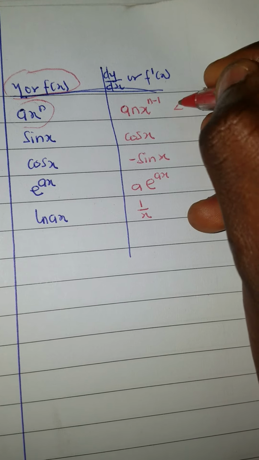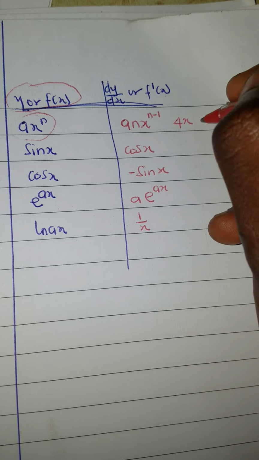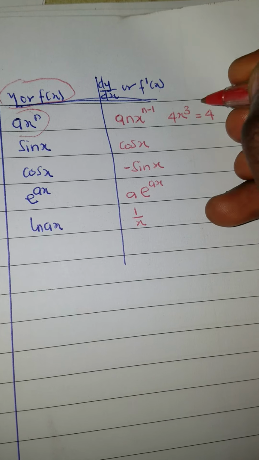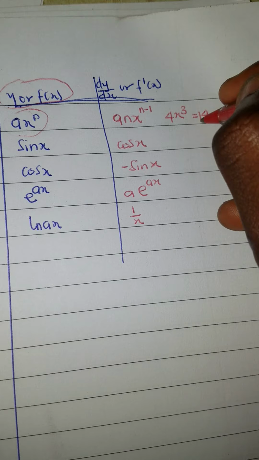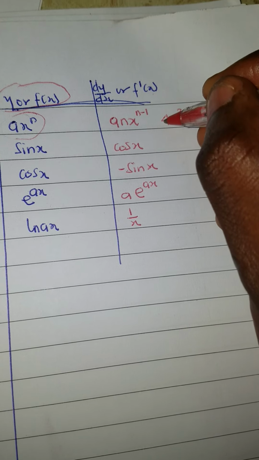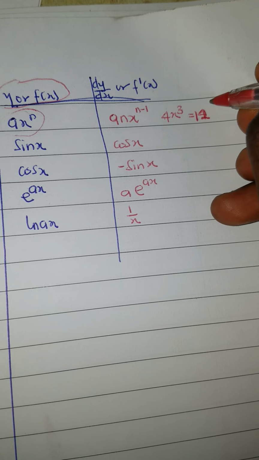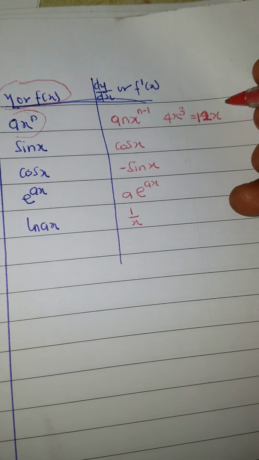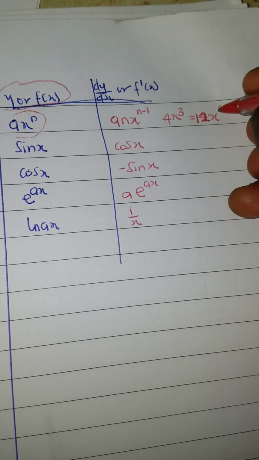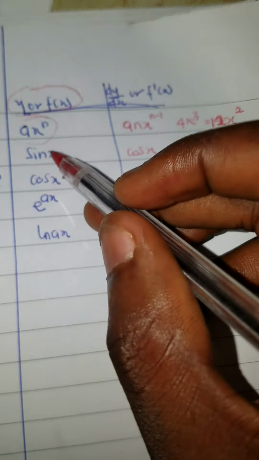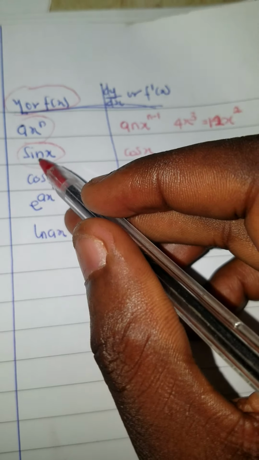For example, if you have 4x and you differentiate it, you are going to get 4. Or let me say 4x cubed, you are going to get 12, because you take this 3, multiply it by this 4, and then subtract 1 from the power of the variable, which gives 12x squared.